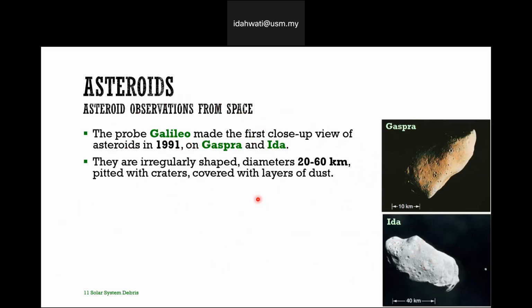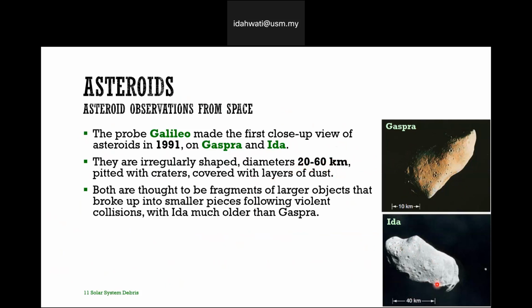They have irregular shapes, as we can see in this figure, and a diameter in the range of about 20 to 60 kilometers. They also have craters covered with layers of dust. Both are thought to be fragments of a larger object.